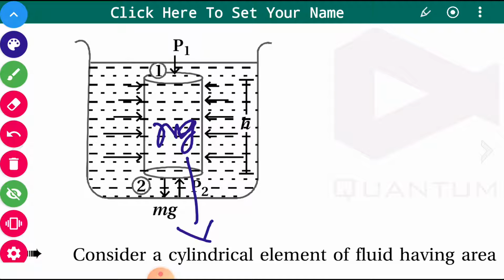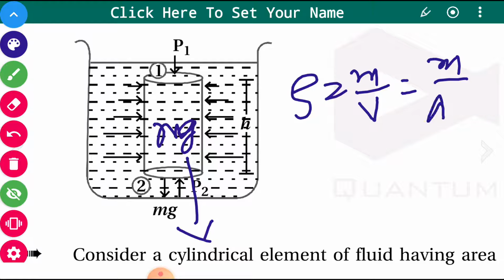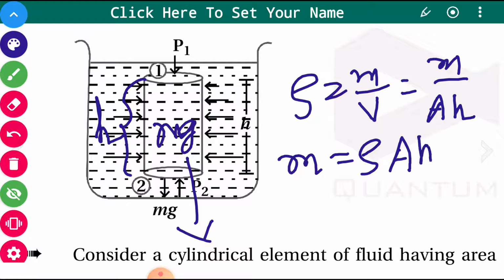Now, as you know, the density is equal to mass upon volume, and the volume of this liquid can be area multiplied by length. The length of this cylinder is h, so A into h. So mass will become rho A into h.